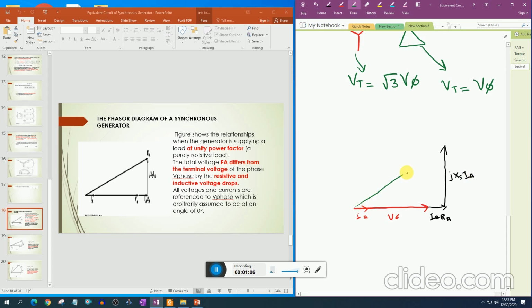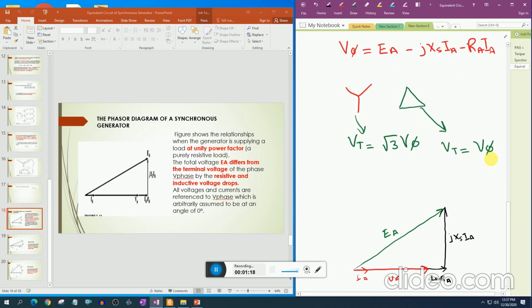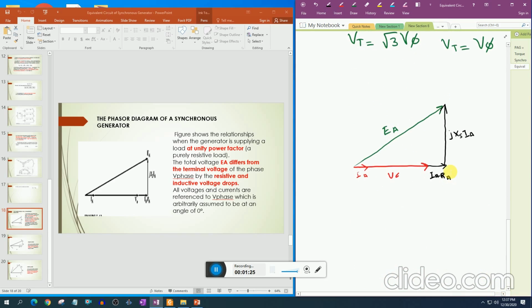So this is the internal generated EMF EA. That's how the phasor diagram of a synchronous generator looks at unity power factor.